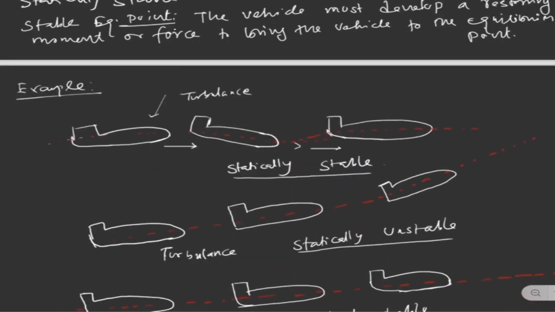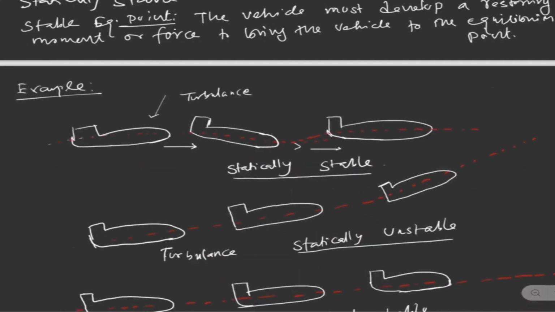Let's assume the vehicle's initial position is here, and the system encounters some turbulence. It goes through some nose down motion, but after some time it comes back to the same trajectory it had initially. If the vehicle has this kind of property, we call this aircraft statically stable.